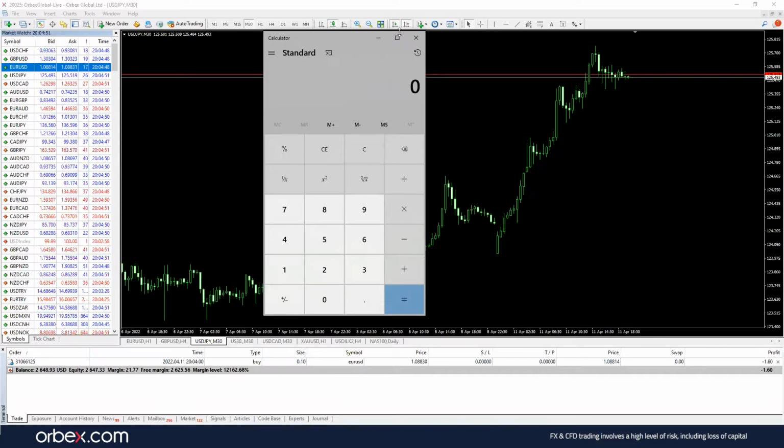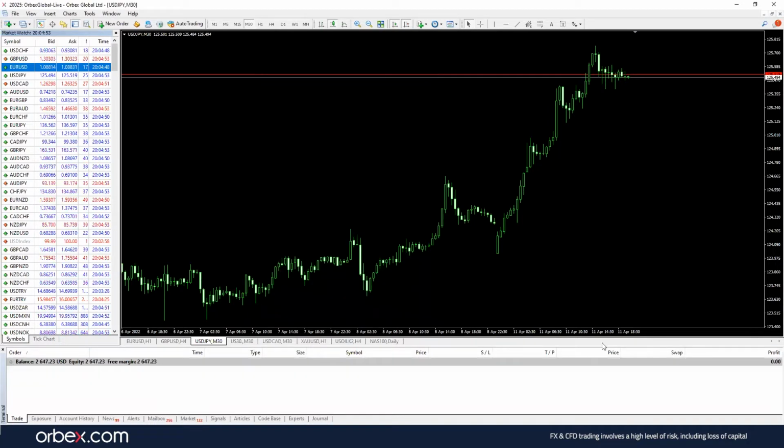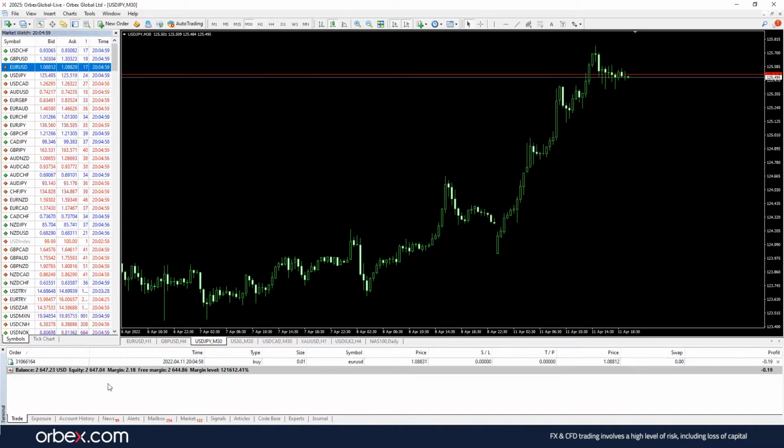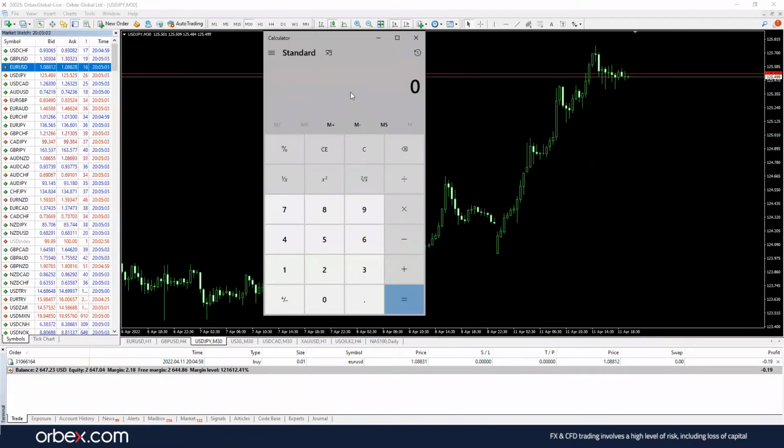So if we just close that trade and we want to open a smaller amount, 0.01, as you can see here, $2.18. We'll just do that calculation: 1.08831, multiply by 1,000, and then divide that by 500. As you can see, because the lot amount is 1,000, it's giving me less of a need to open.